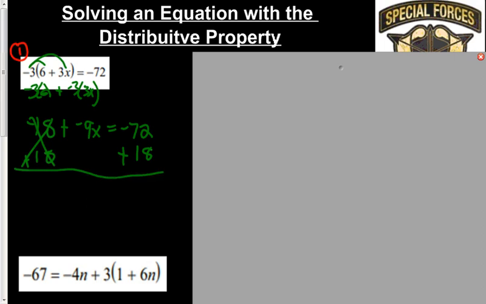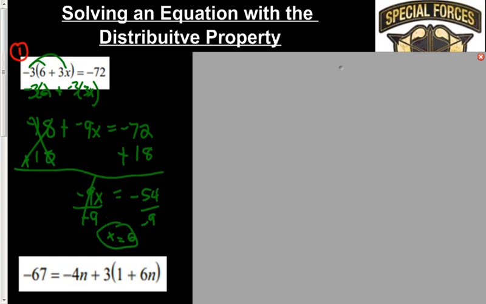Negative 72 plus 18 would be negative 54 equals negative 9x. And our last step would be divide by negative 9. You end up with x equals 6.